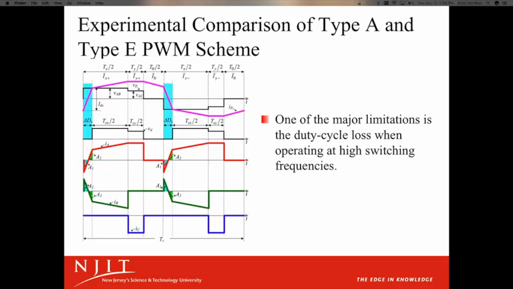This is due to the bridge X duty cycle loss in sector 1A, and this can be represented right here. This is what we're talking about, A1 and A2, from the phase current IA and phase current IB.